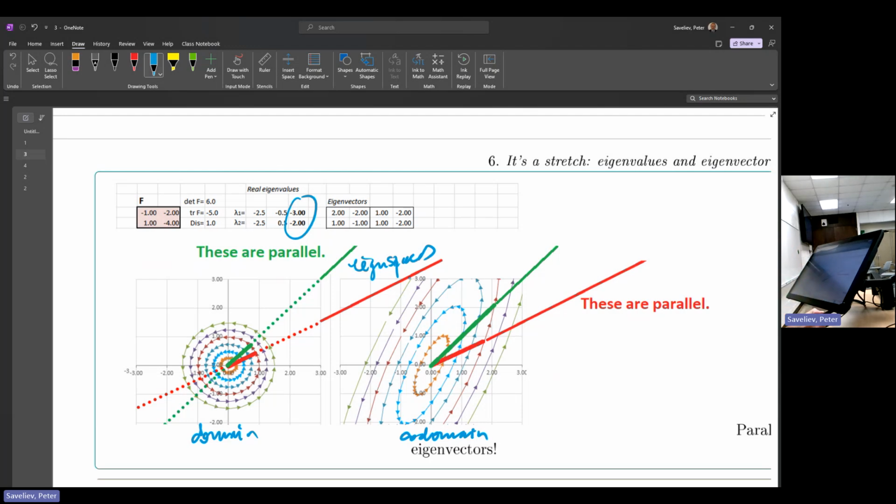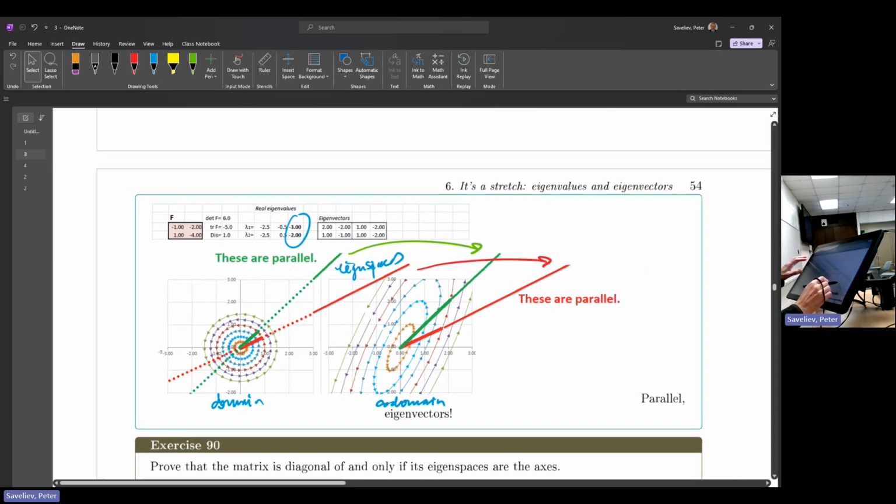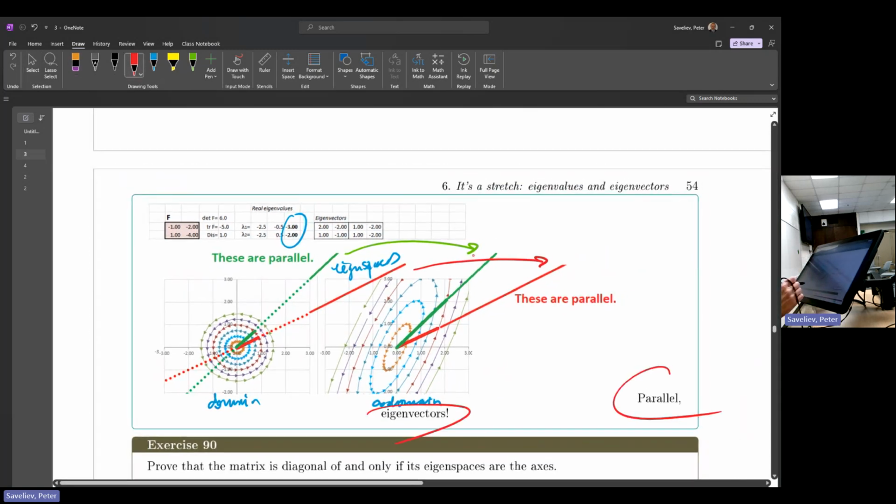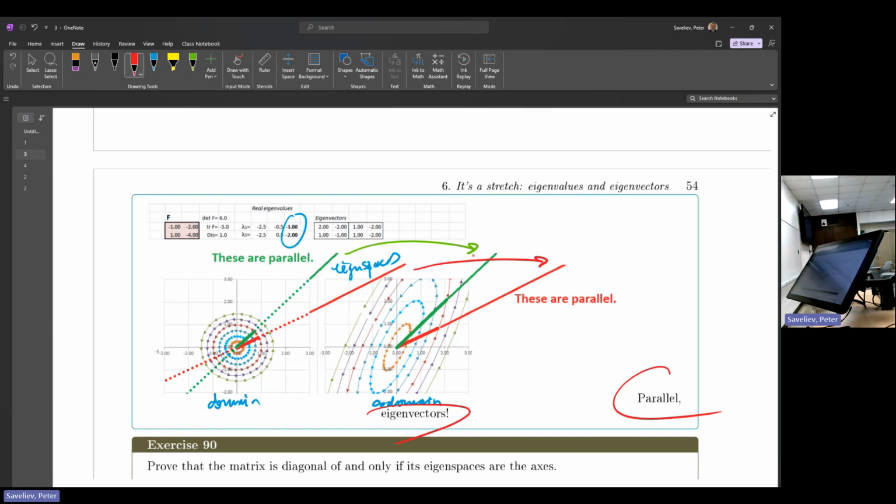So the green line is transformed into the green one, and the red one under my operator gives you the red one, which means that vectors within the red one are maybe stretched or flipped, but they're not rotated, which means that these are indeed the two eigenspaces. So these are parallel, and therefore these are the eigenvectors. So the red and green are the two eigenspaces for different eigenvalues.